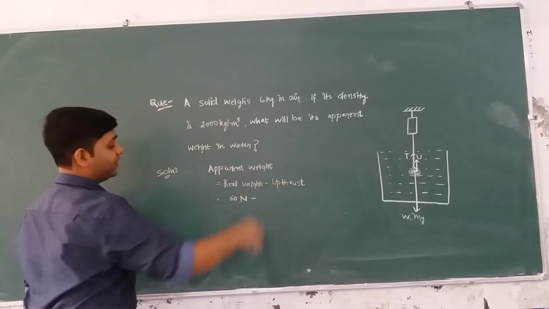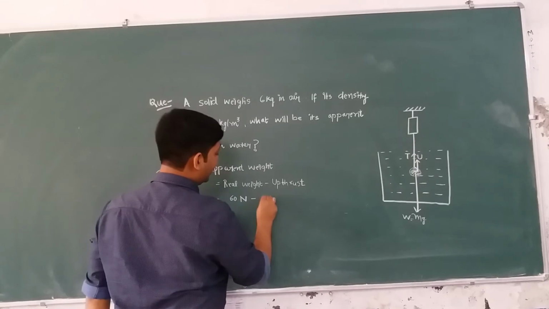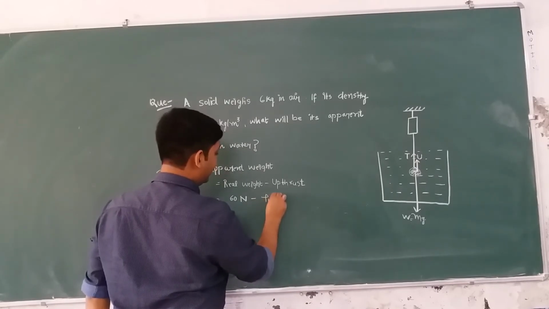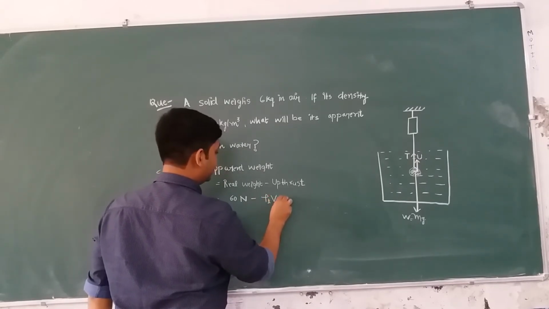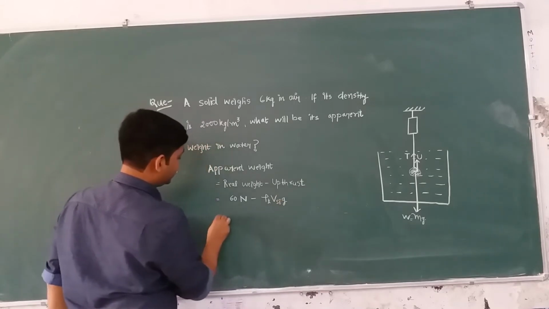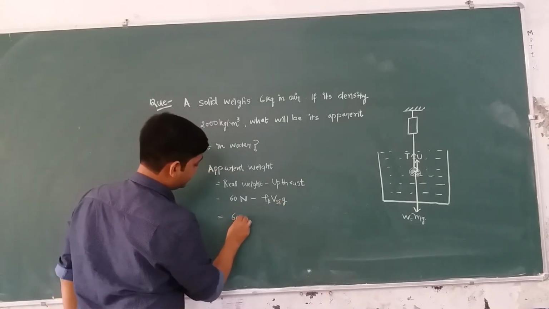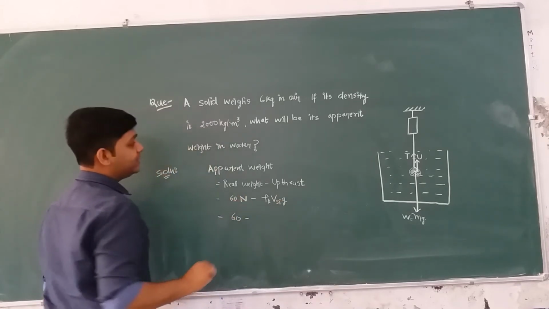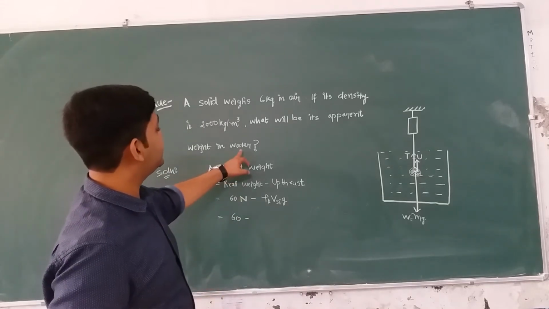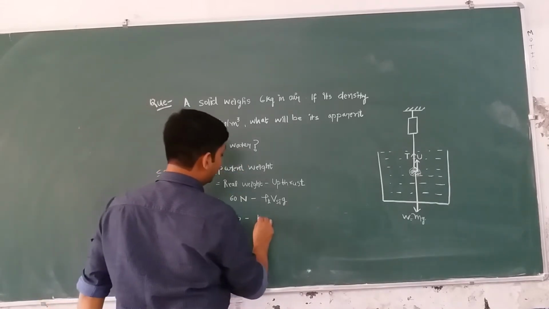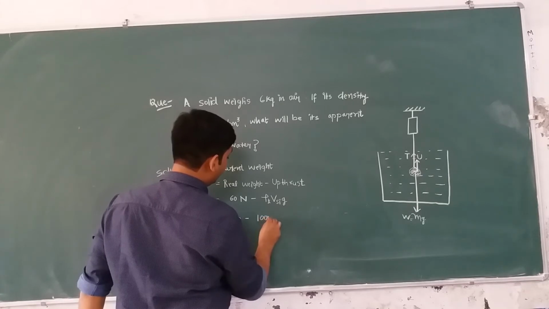Minus upthrust. So for upthrust again the same formula rho L V SI G, right? So it will be 60 minus density of liquid. Since the liquid is water there, so the density will be 1000 kg per meter cube.